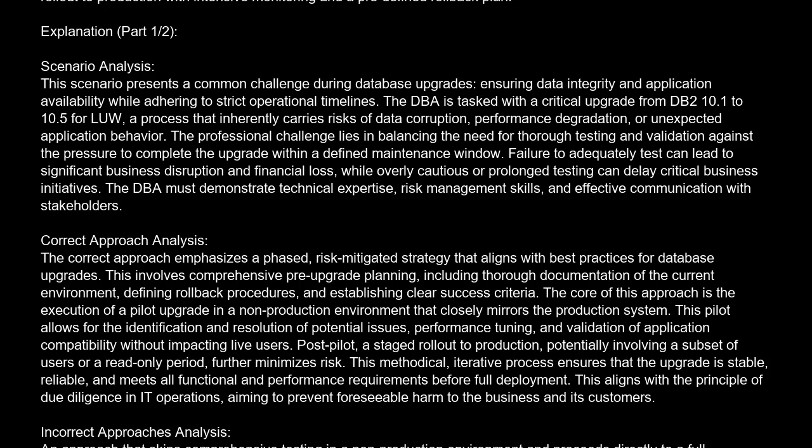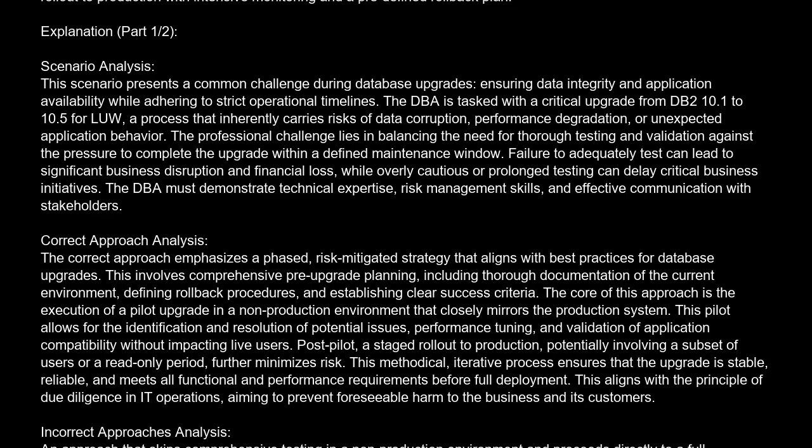The professional challenge lies in balancing the need for thorough testing and validation against the pressure to complete the upgrade within a defined maintenance window. Failure to adequately test can lead to significant business disruption and financial loss, while overly cautious or prolonged testing can delay critical business initiatives. The DBA must demonstrate technical expertise, risk management skills, and effective communication with stakeholders.